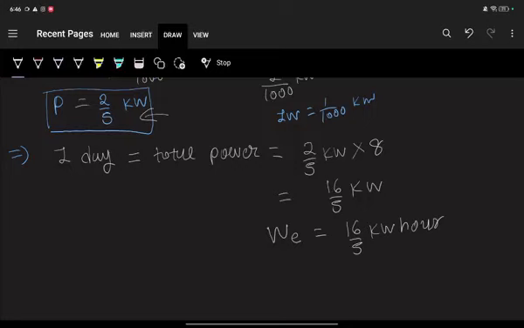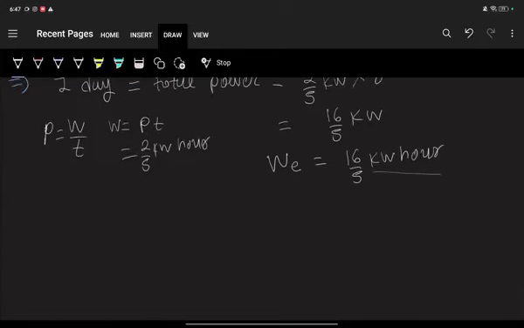Power is nothing but energy per unit time. Here the unit is hour, right? So for electrical energy it becomes P into T. Power is 2 by 5 kilowatt and it runs for 1 hour, so for 8 hours it is 16 by 5 kilowatt hour. That is the energy per day.